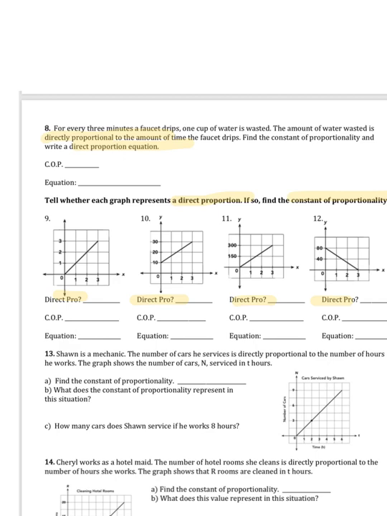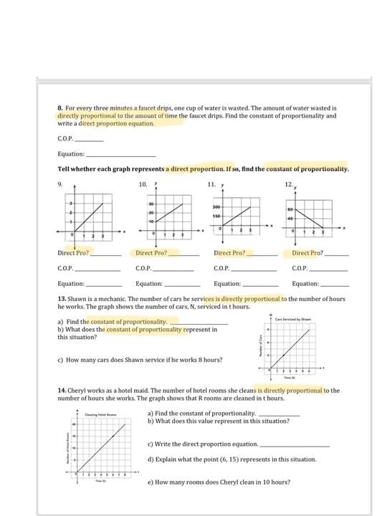Sean is a mechanic, and the number of cars is directly proportional. See that? Constant of proportionality, directly proportional. Constant, direct proportion equation. We know how to do this. This is all y over x equals k. We know how to do this. Okay? All right, so let's just kind of revisit that.